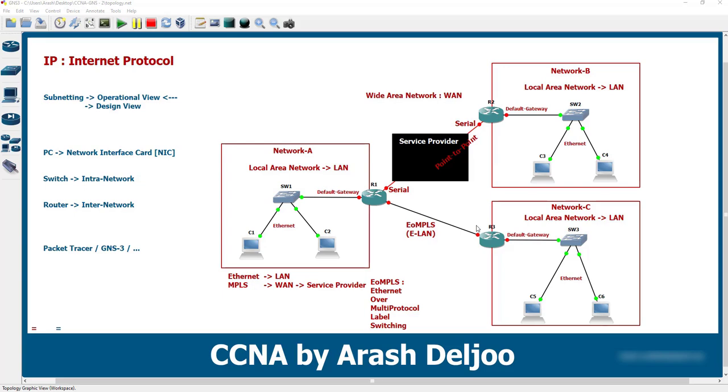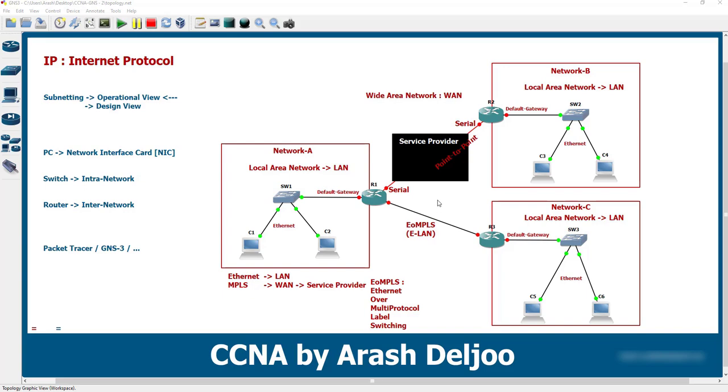Maybe in one area, your service provider can give you only EoMPLS, not point-to-point. Or in some areas, maybe your service provider can give you point-to-point but not EoMPLS. This is variable because service providers use different technologies. Okay, you will learn about it, don't worry.